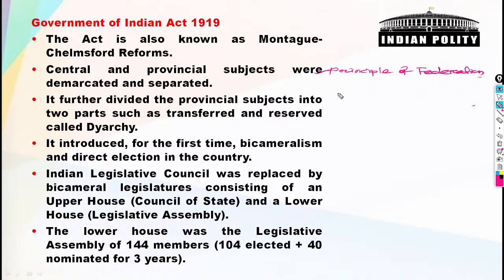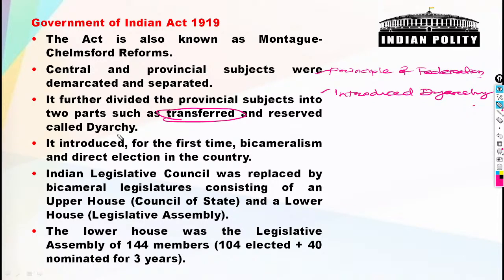Another notable part is that it introduced diarchy in the provinces, that is, the separation or division of the governor's powers in the provinces into transferred powers and reserved powers. The transferred powers included subjects such as irrigation, finance, law.